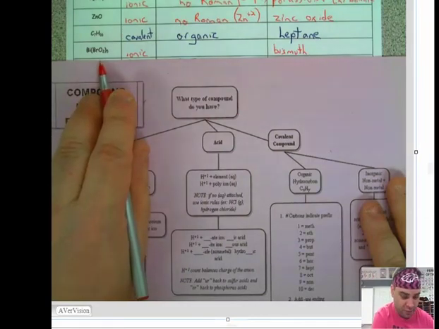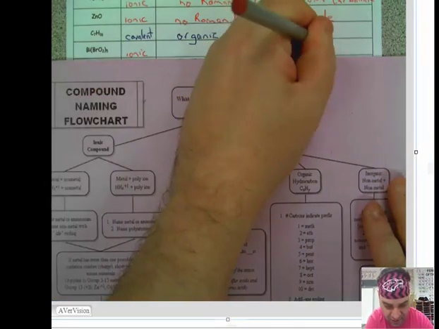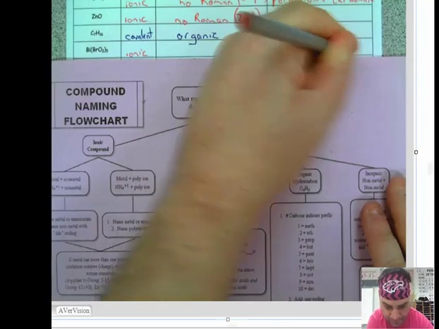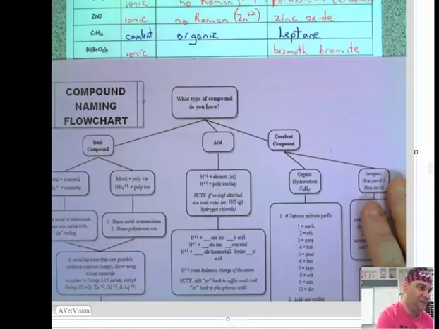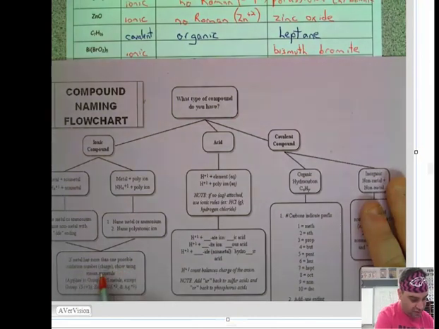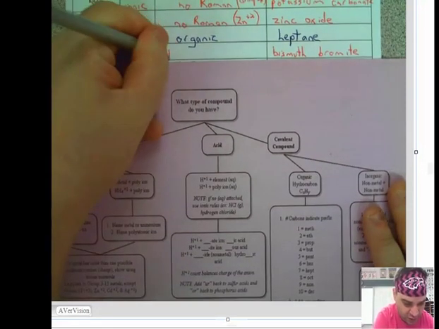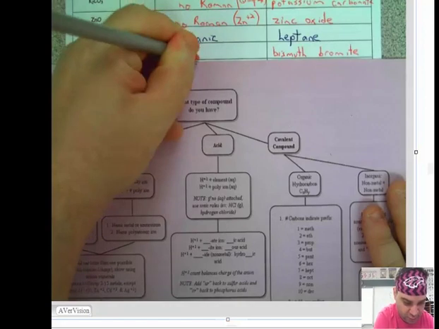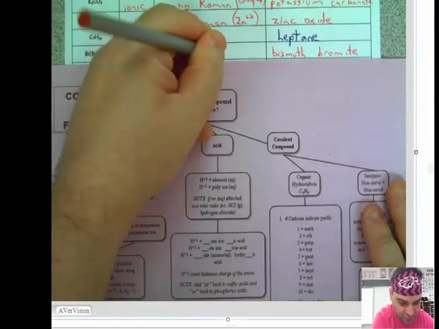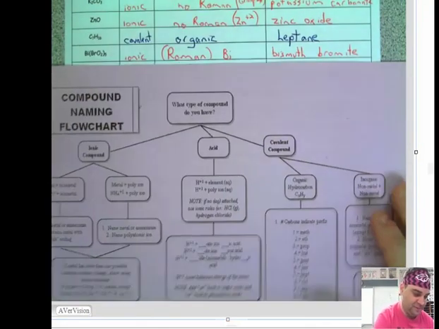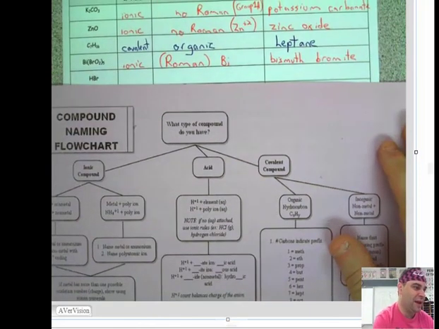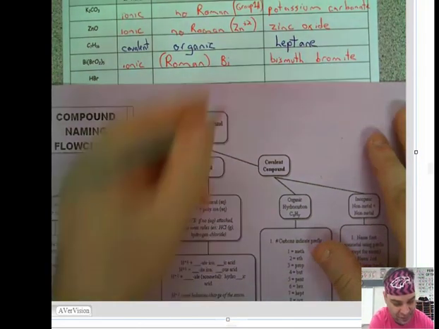BrO3 is bromate, so this must be bromite, since I subtract an oxygen. If the metal has more than one possible oxidation number, show it using Roman numerals. This applies to groups 3 through 15. So this is group 15 here, so you need a Roman numeral for bismuth. So this is where you have to figure it out.